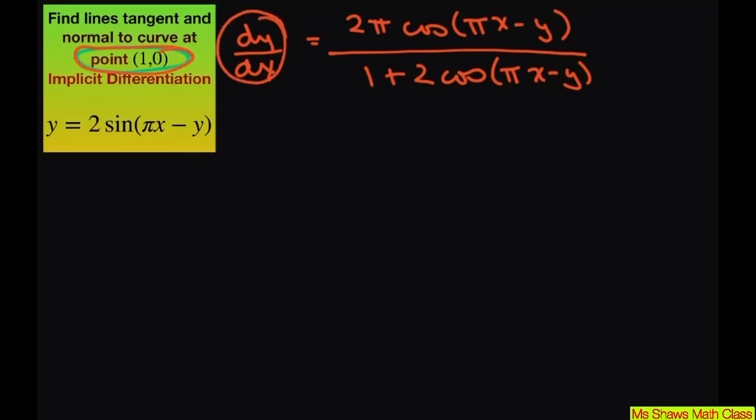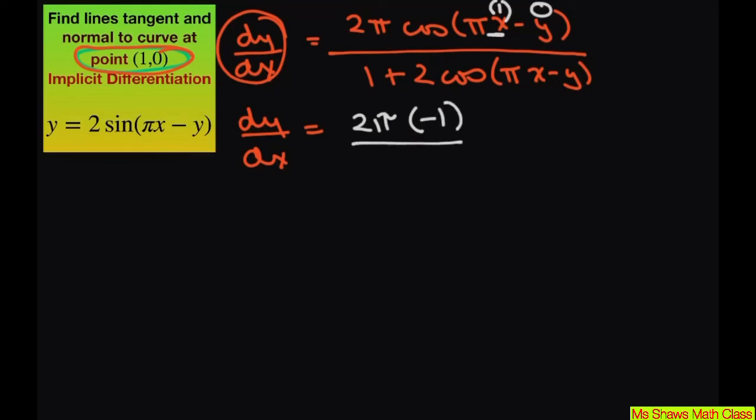Now let's find the slope or the gradient, whichever you prefer, and plug this in. We solved for this, so dy/dx equals. Now plug in your values, and we're going to get 2 pi, and then we have x here, so that's going to be cosine, this is 0, y is 0, and cosine of pi, you plug in 1, you get negative 1.